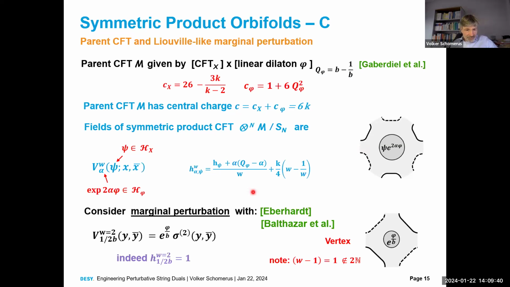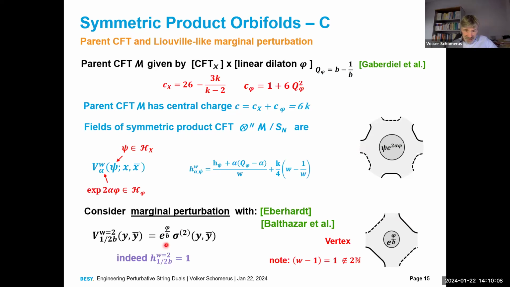I think made by several people. In particular, you can now build in this theory one of these operators that is exactly marginal, conformal dimension 1. And so the claim is that this is the field which takes sigma 2, the twist field of twist length 2, and then multiplies it with e to the phi over b.